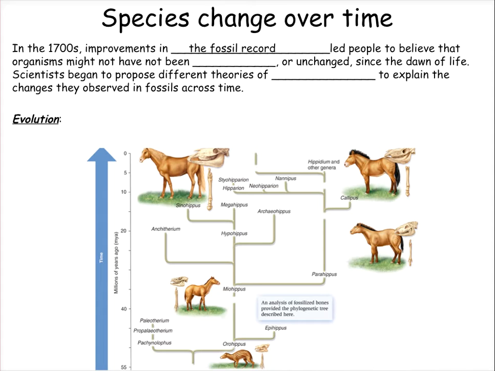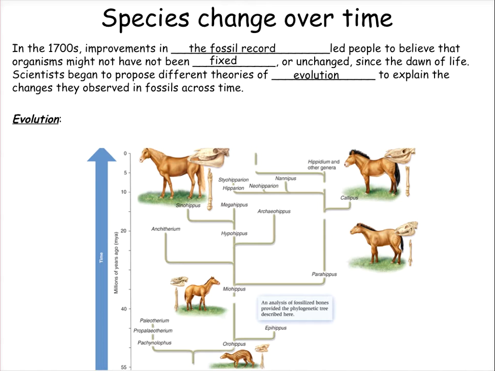With this new evidence, people began to understand that life on Earth was not fixed. In other words, it hadn't remained unchanged since the dawn of time. And as a result, people began to propose different theories of evolution to explain how life had changed.